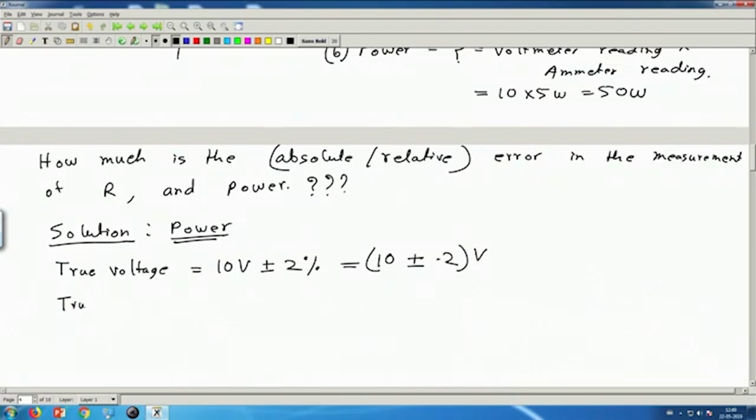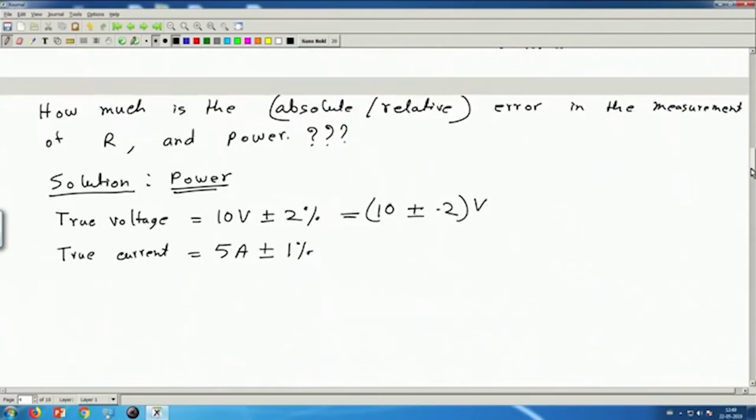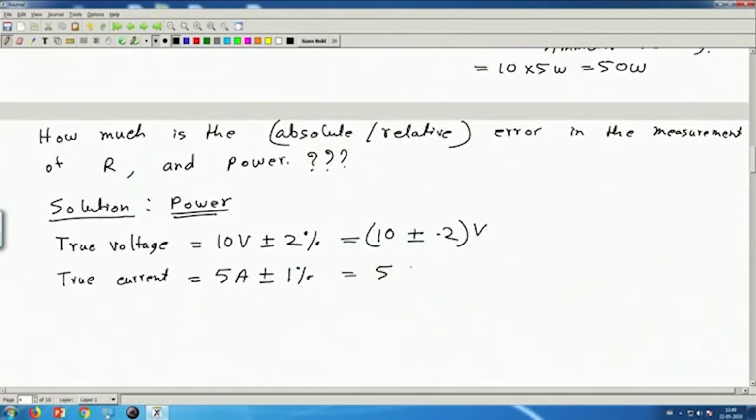Similarly, the true current will be 5 ampere plus minus 1%, right? Yes, 5 ampere plus minus 1%. So this is 5 plus minus 1% of 5, which means 5 by 100, so that is 0.05 ampere.